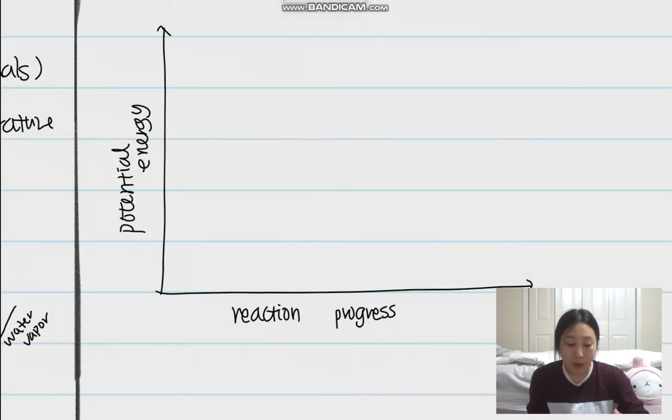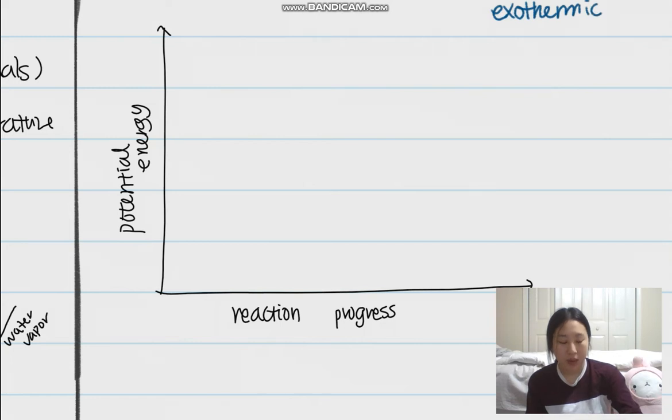If you take AP Chemistry or chemistry in college, you will know more about this, but I'm gonna make it as brief as possible. So we are gonna do the exothermic reaction diagram. Exothermic is going to produce heat. Oh, I forgot to tell you this one as well. This potential energy is going to represent the enthalpy as well.